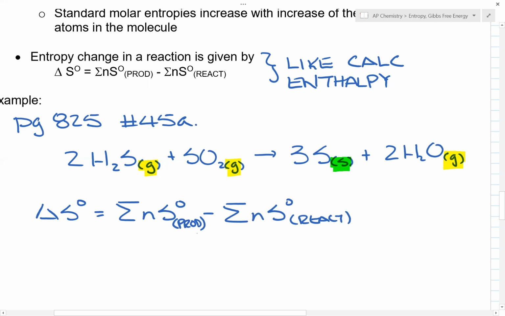Now, in your textbook, they might give you delta S naught, the sum of the delta S naught. Both work perfectly fine.